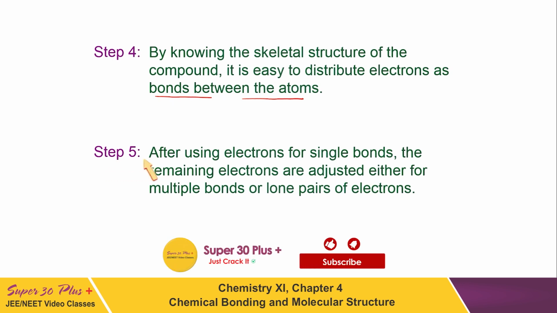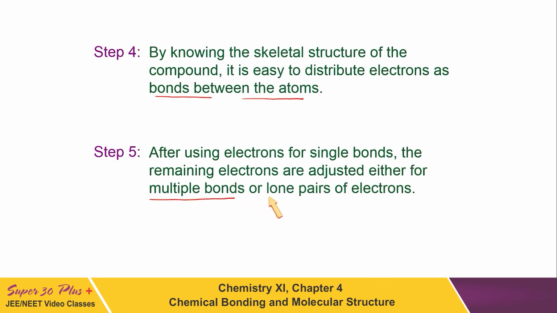And in the next step, after using electrons for the single bonds, the remaining electrons are adjusted either for multiple bonds or lone pairs of electrons. Multiple bond means either a double bond or a triple bond, and if it is not there, it will be adjusted for lone pairs.